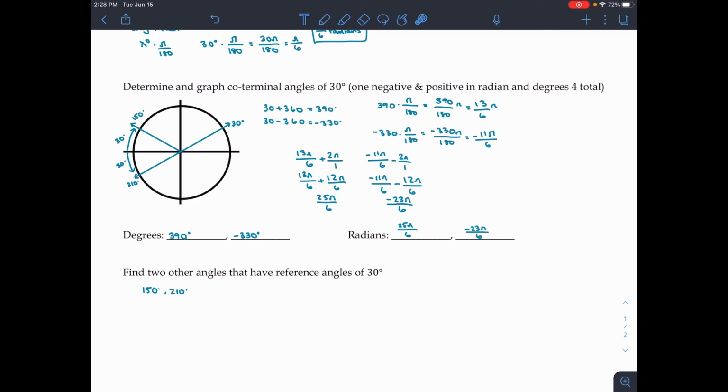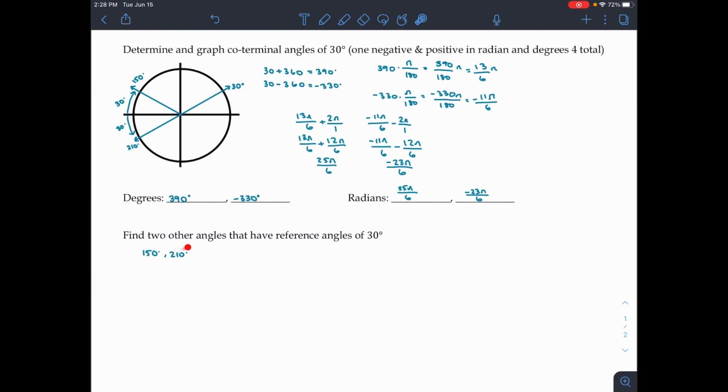We find the common denominator and simplify, so we get 25 pi over 6. Then we do negative 11 pi over 6 minus 2 pi over 1, find the common denominator, and simplify, so negative 23 pi over 6. So these are our 4 answers.